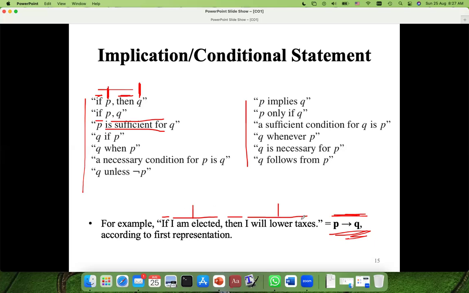So if you have something like that, you can convert this portion into P, and then you can convert this portion into Q. And then this is what? If P, then Q. This is that reading. And if you have that reading, then you can simply convert it into this mathematical formula: P implies Q.